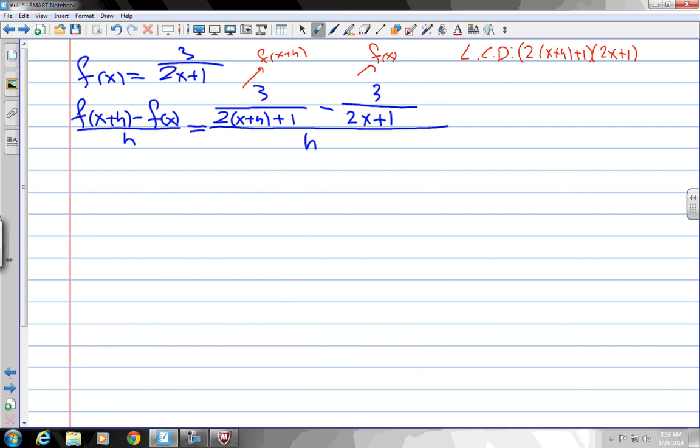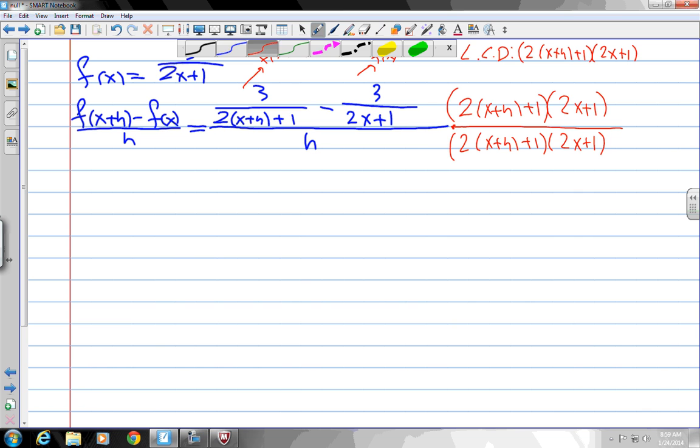So what we're going to do with that LCD, we'll multiply the numerator by the LCD and the denominator by the LCD. So this is the trick we use to simplify complex fractions.